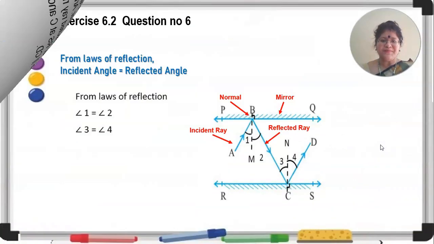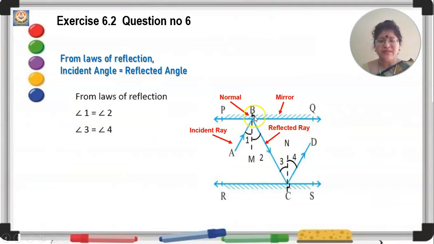Look at the slide here. This is the normal, okay, that is BM is normal here, CN is also called the normal. This is the incident ray touching the mirror AB, this is getting reflected back, and this is CD, which is again getting reflected. Now I have mentioned this as I and this is mentioned as R. That means incident angle and reflected angle. These two angles will be congruent.